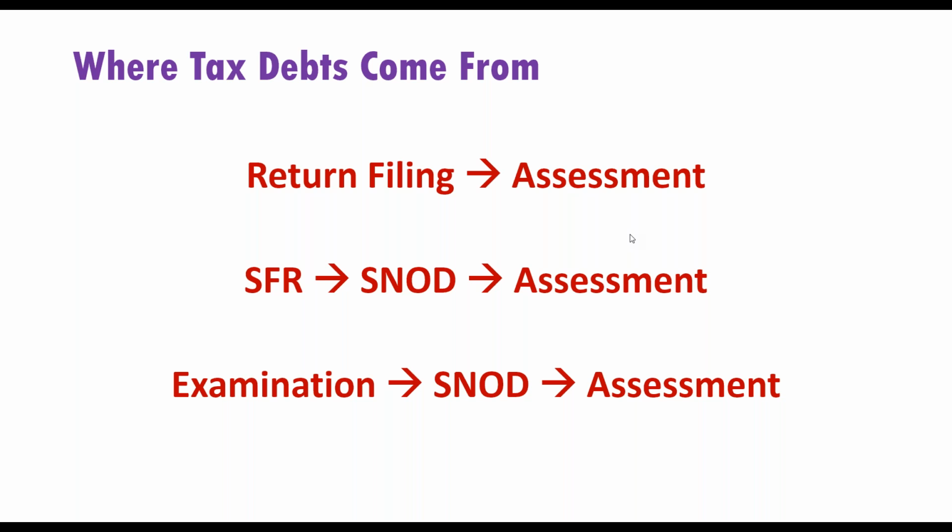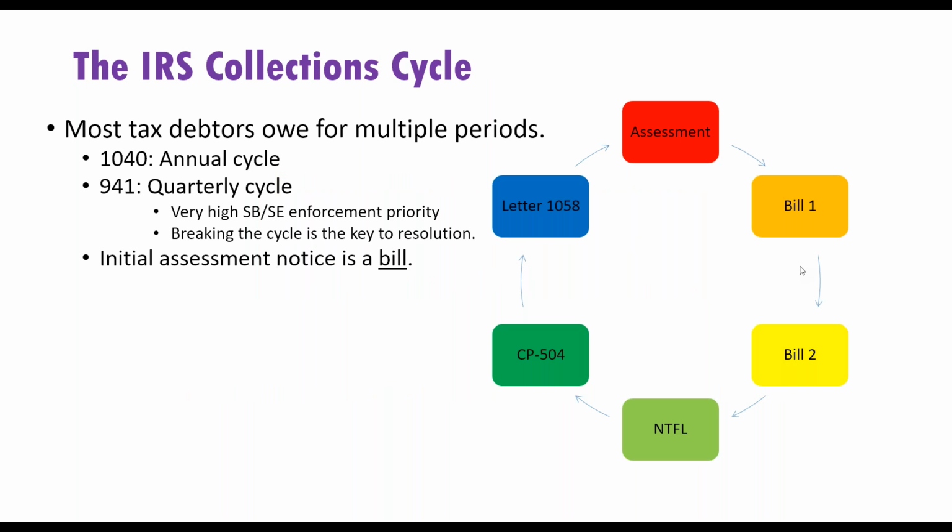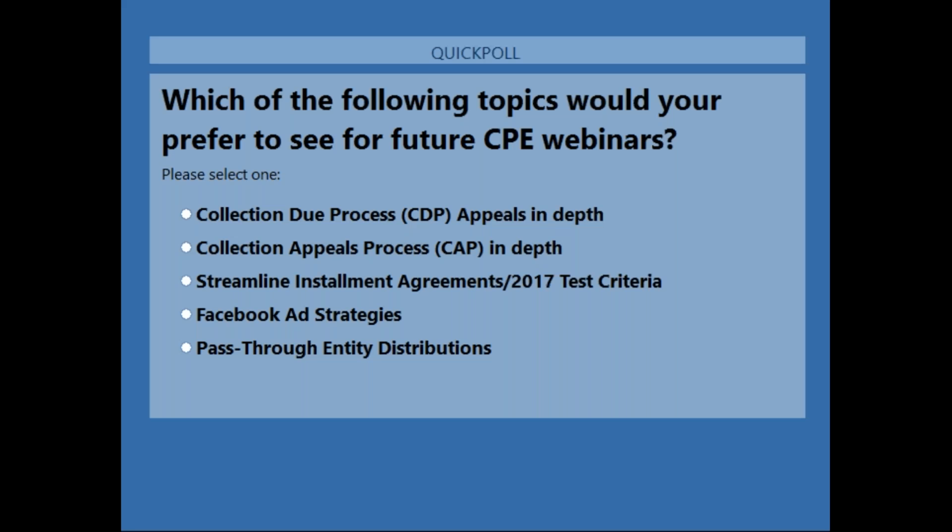This is the 90-day letter, the statutory notice of deficiency, SNOD. And then 90 days after that, the assessment becomes fixed. Now, of course, there are additional penalty assessments and various other avenues, but these are the primary ways that a tax debt gets issued.